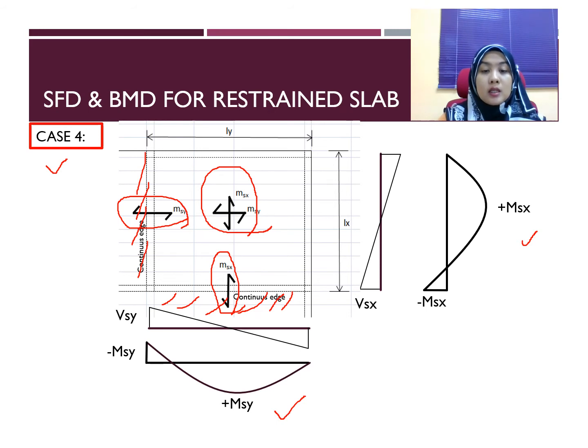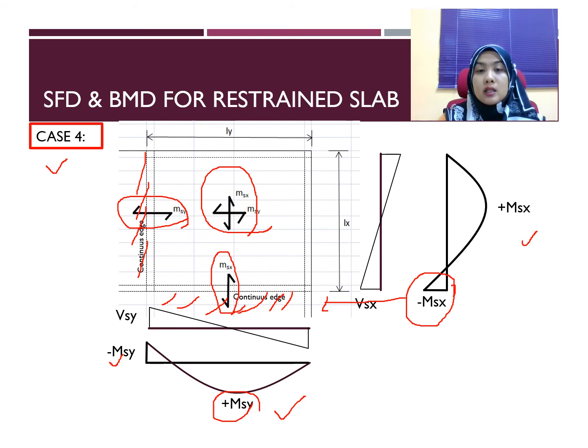To draw this bending moment diagram, you just need to follow the sign of the moment. For example, for this one, for Ly, here we have negative MSY. Then at the center, we have positive MSY. And this side, the left side, is continuous, so here we have negative MSX.